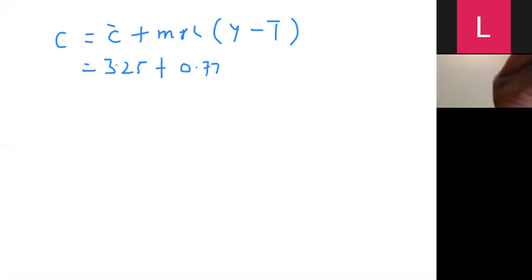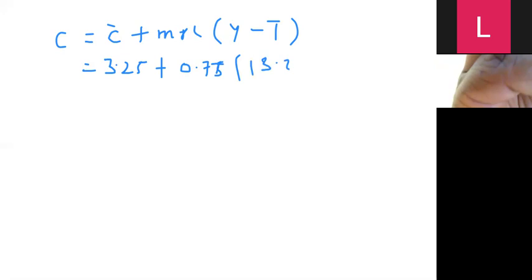The output is now 13.2 minus our tax, which hasn't changed, which is 3. So 3.25 plus 0.75 into bracket 13.2 minus 3, and that gives you 10.9. So consumption now is 10.9.